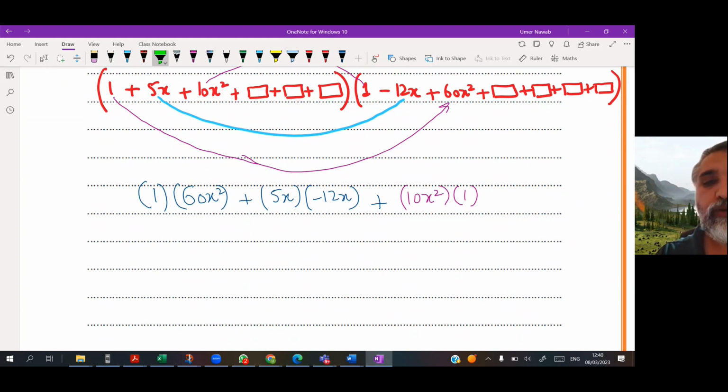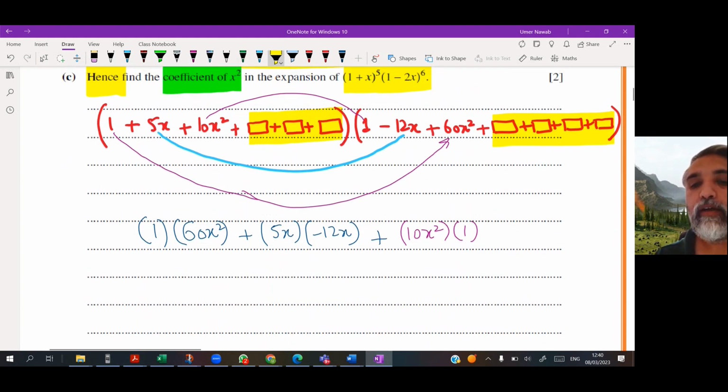Don't care about those terms which you didn't write, there is no chance that if you multiply them, you are going to get an x squared term. That's why the examiner has made you find the first 3 terms of the first bracket and the second bracket, because when you multiply them, the chances of getting x squared are only there.